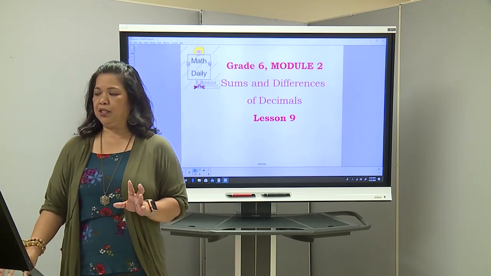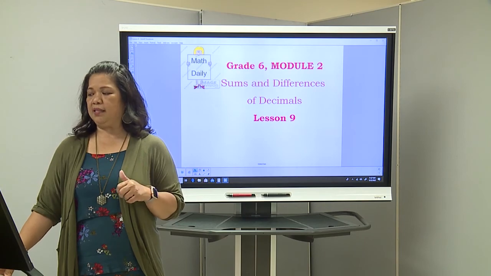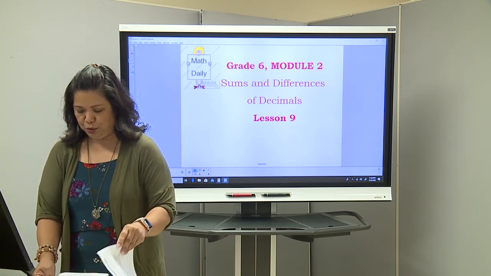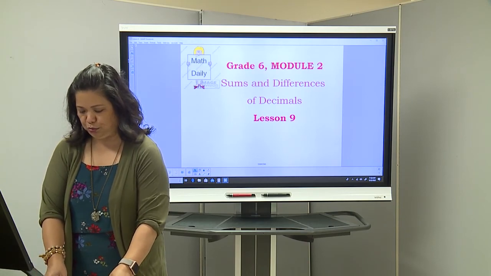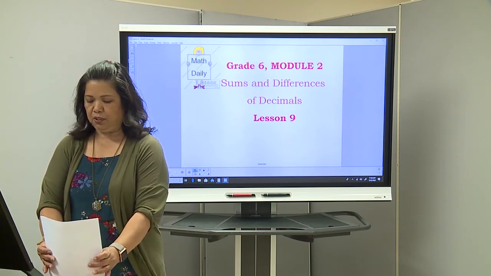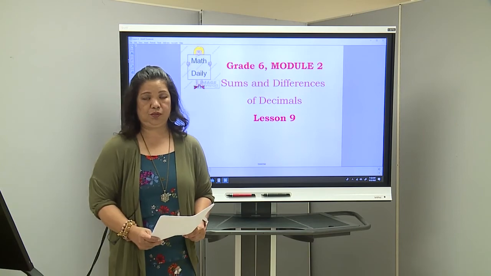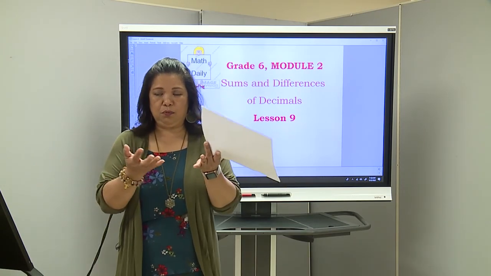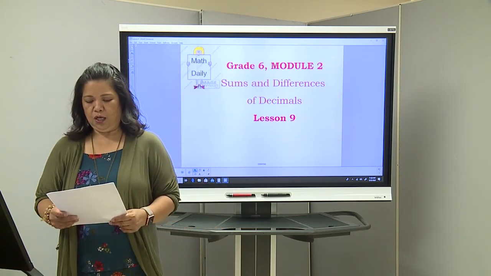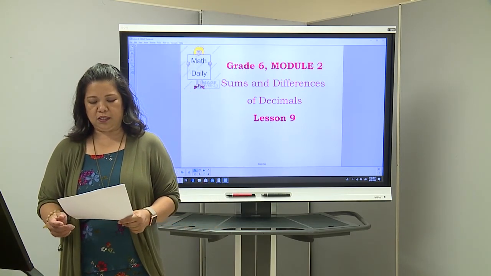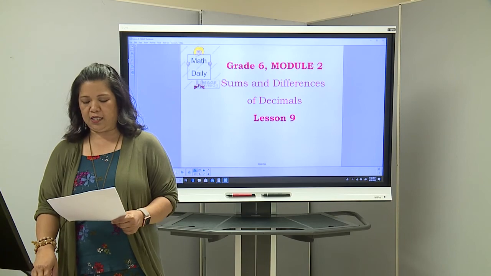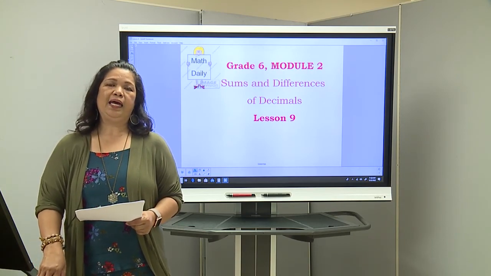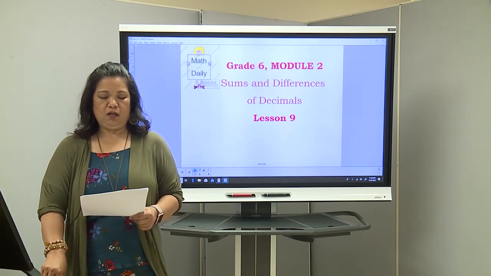In lesson 9, we're going to start with sums and differences of decimals. In this lesson, you are expected to relate the decimals to mixed numbers. Okay, so fractions and decimals, we are going to see the relationship between the two. You are also expected to use your knowledge of adding and subtracting multi-digit numbers to find the sums and differences of decimals.